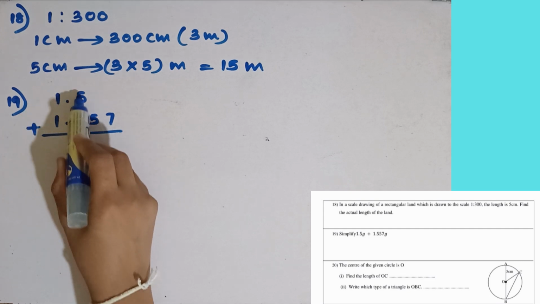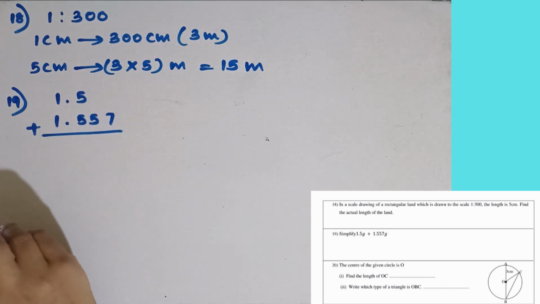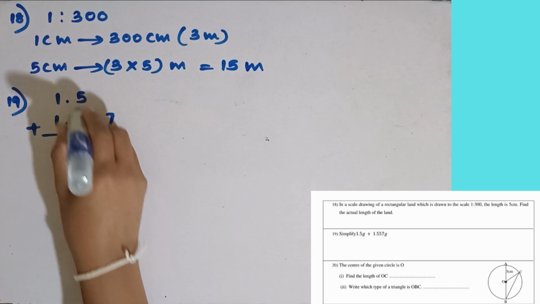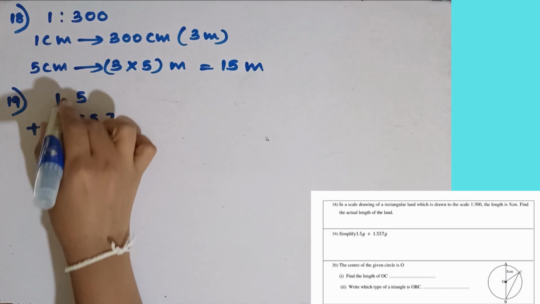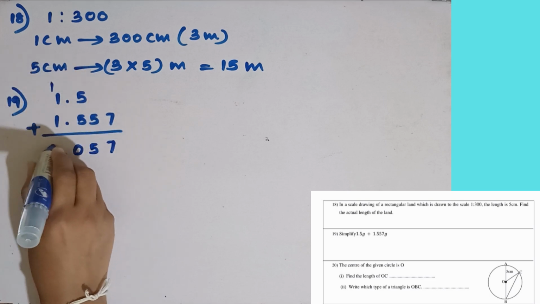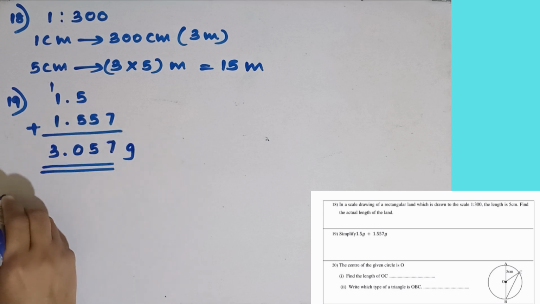First decimal places one below the other, then second decimal places also in the same way. 7, then 5 plus 5 is 10, then 1 goes to the other side. We have to keep the decimal point here. Then the addition here is 3. This is in grams.